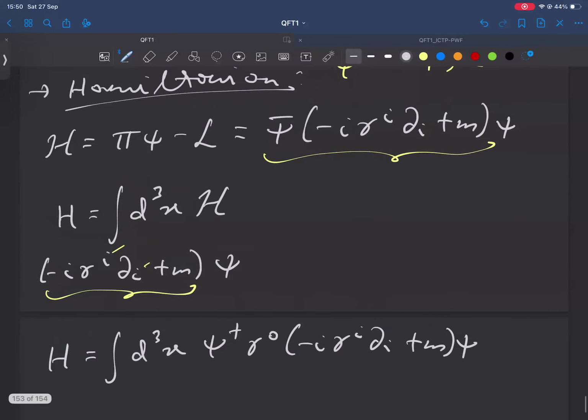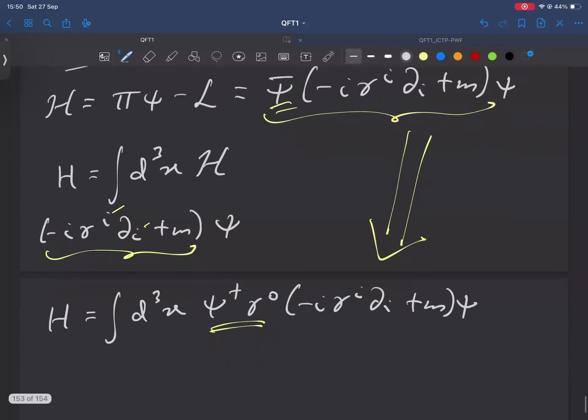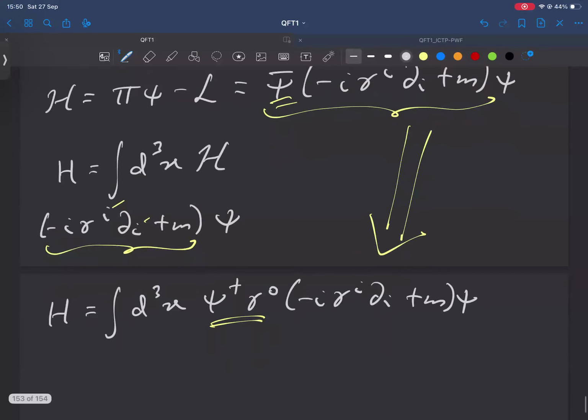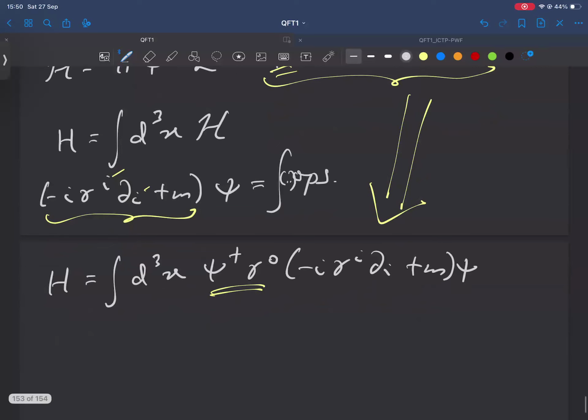So this comes from here directly. This was the Hamiltonian, but now I have explicitly written out psi bar as psi dagger gamma 0. And if you compute this in terms of the operators, integral over the momentum operators, and then use this definition of the Hamiltonian energy.